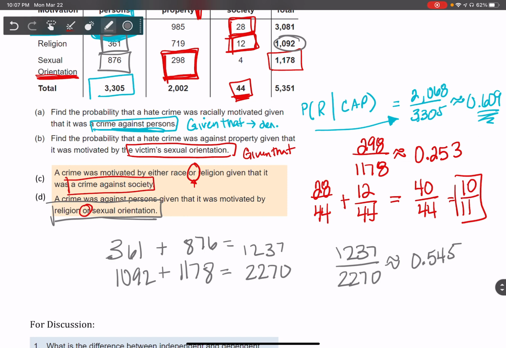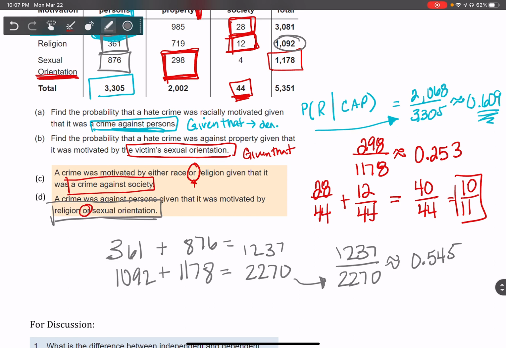Okay. I know, lots of math, lots of rules, lots of formulas, but you have it all right here in your notes. You have it all right here in your notes. This last one, once again, because it was motivated by, given that it was motivated by religion or sexual orientation, that or let us know that we needed to add our religion or sexual orientation to get our denominator.